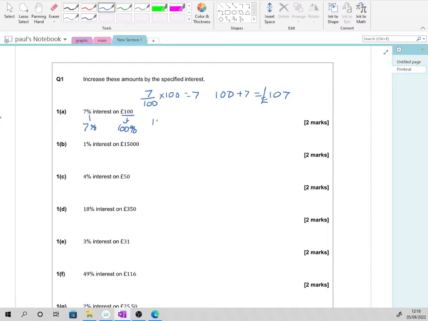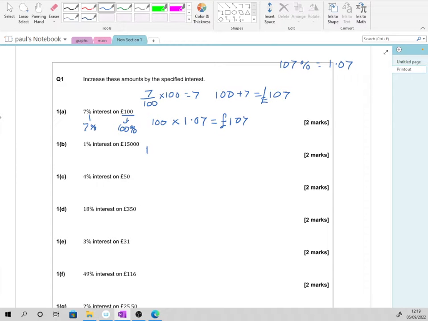So if we take our number there and change the 107% into a decimal, 1.07. Now watch this. Times 1.07. So take your 100 times 1.07 and it equals 107.